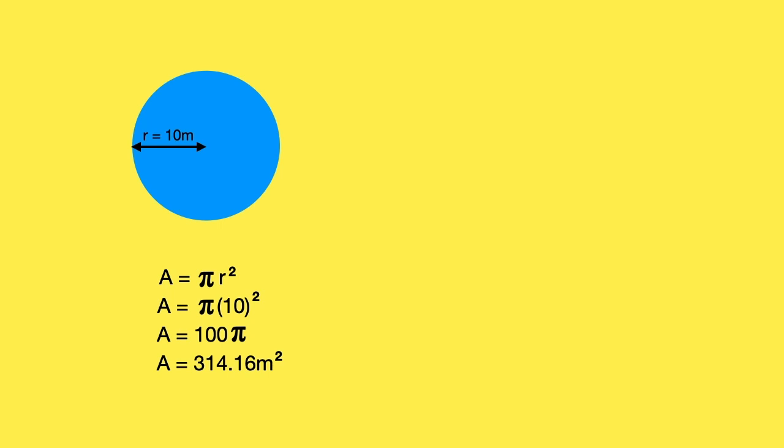So in the exact same way, you can use that if you've got the radius of 10 metres, you can then use your formula A equals pi r squared, substitute in the value of 10, work all of that out, and you'll get 314.16 metres squared for the area.